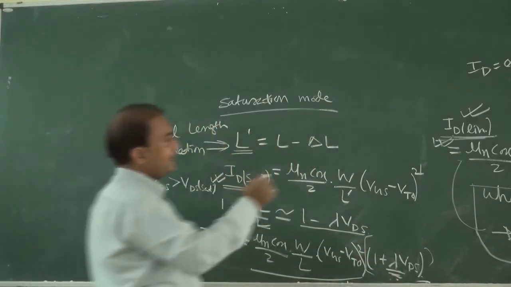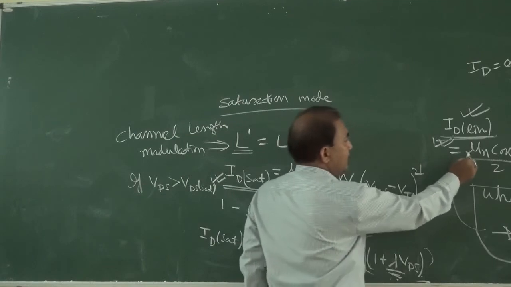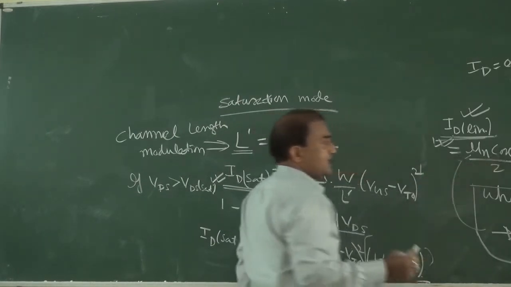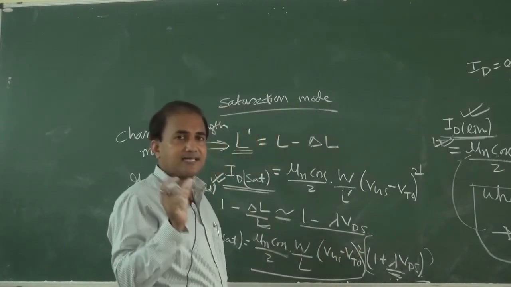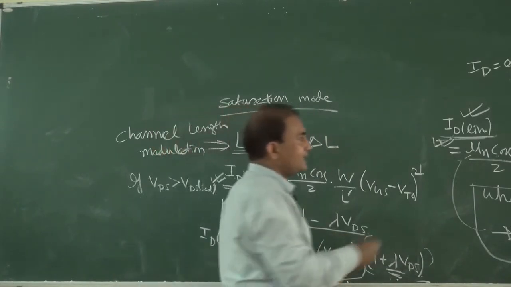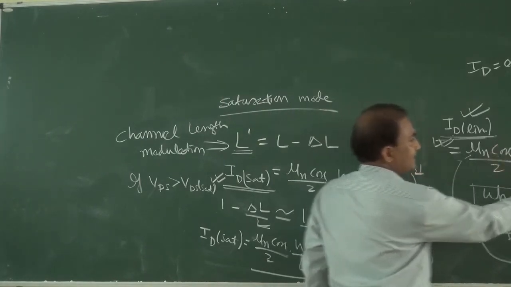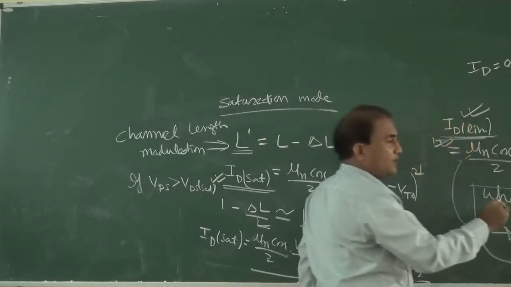Here, what is this mu n? Mu n is the mobility of the electron. Cox is the gate oxide capacitance per unit area. W is channel width. L is channel length. VGS is gate to source voltage.